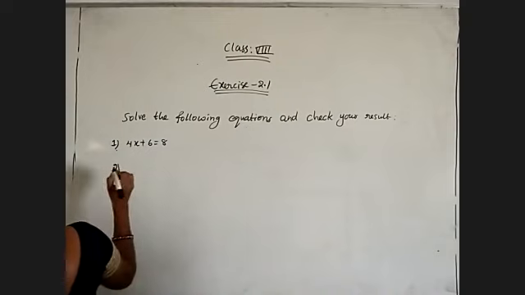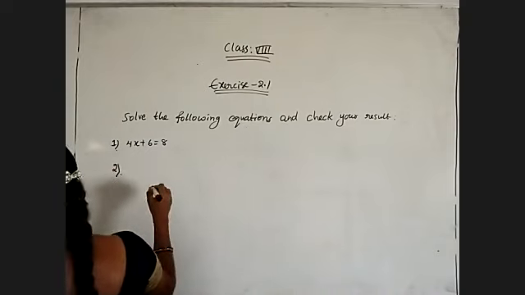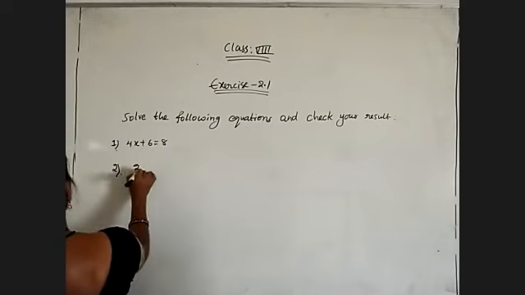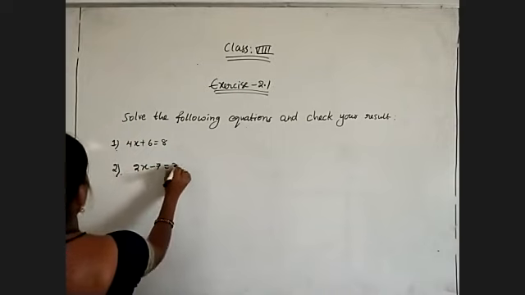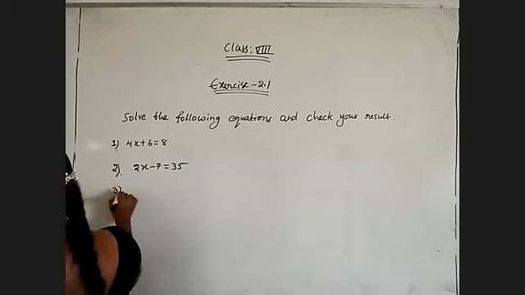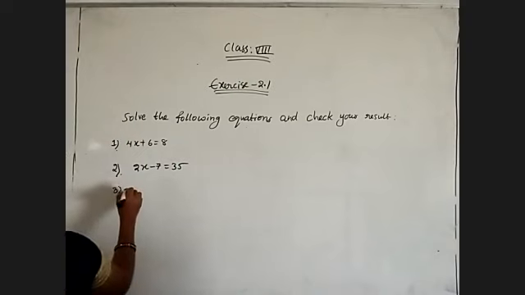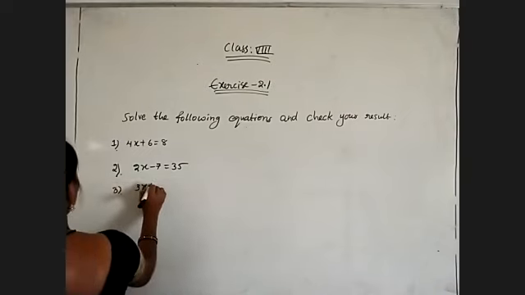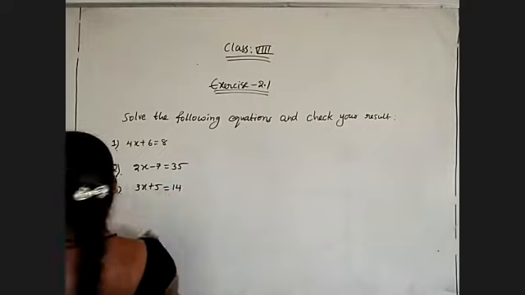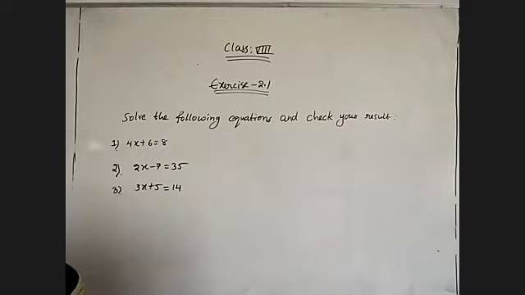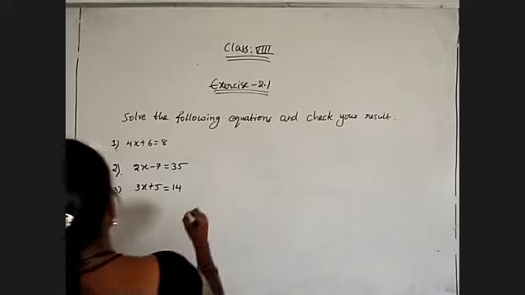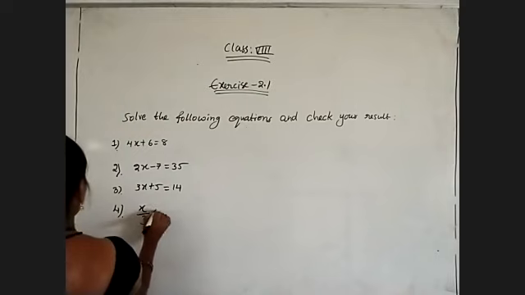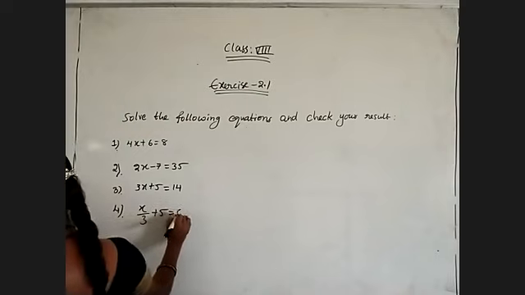And the second question is 2x minus 7 is equal to 35. And third, 3x plus 5 is equal to 14. And the fourth question is x by 3 plus 5 is equal to 0.